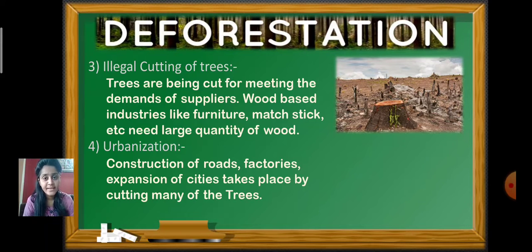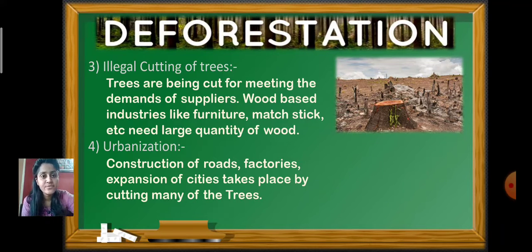Suppose there is a city and the population is very high and the buildings are less according to the population. Of course they will cut down the trees and construct buildings over there. Many of the roads are also made through forests by cutting trees.